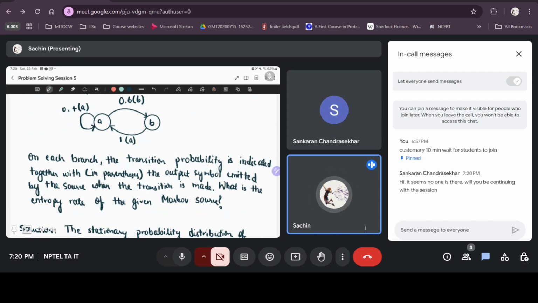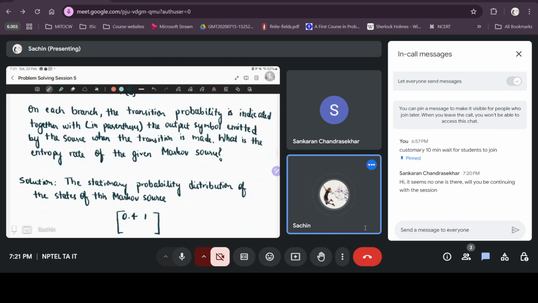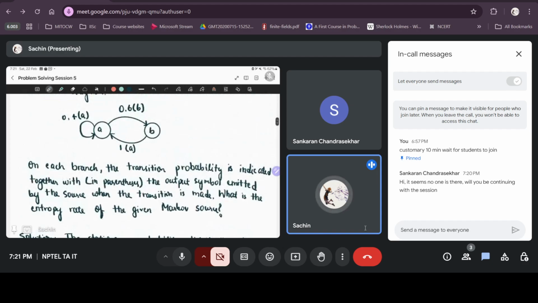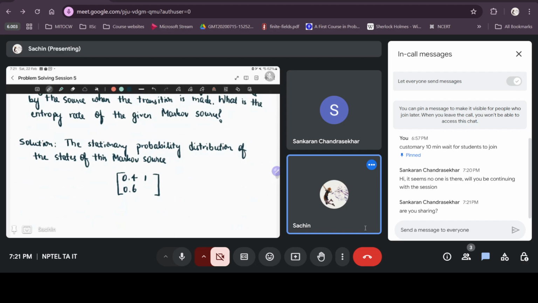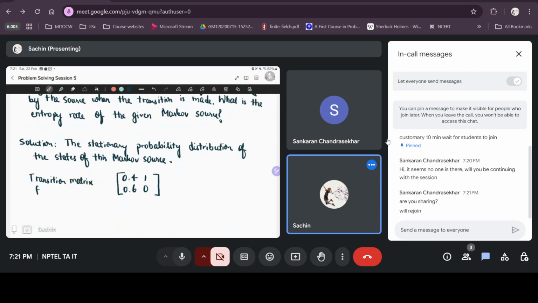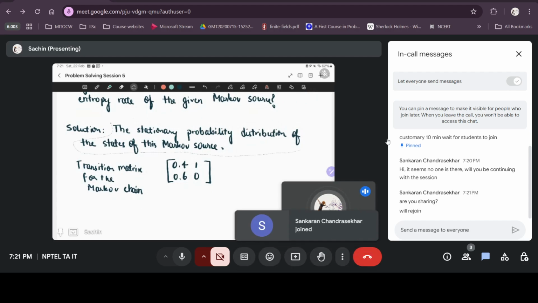Since you go from A to A with probability 0.4 and from B to A with probability 1, the first row is 0.4, 1, and from B to B the probability is 0 and from A to B it is 0.6. So that's the transition matrix.